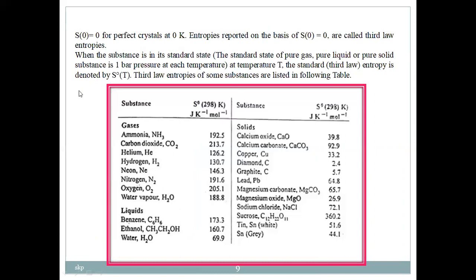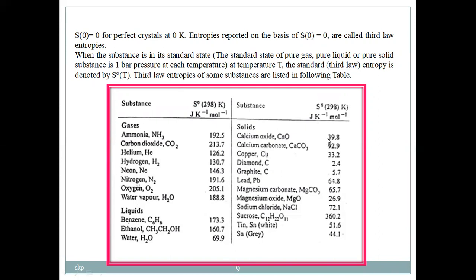For a perfect crystal at S0, that means at 0 Kelvin, entropies are reported at a particular temperature, as in this table for gases like ammonia, carbon dioxide, helium, liquids like benzene, ethanol, or solids like calcium oxide, copper, diamond, graphite.